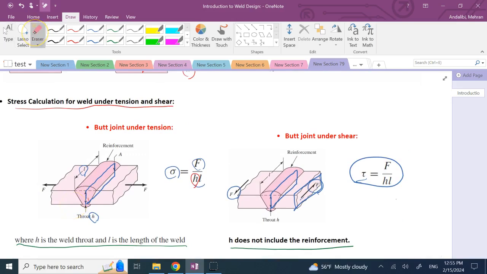And again, here, let me clean it up. Your sigma should just be less than SY over the safety factor for this scenario here.